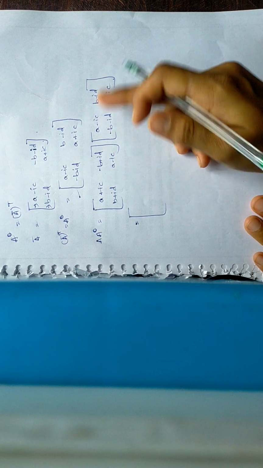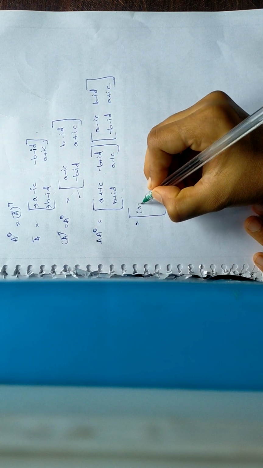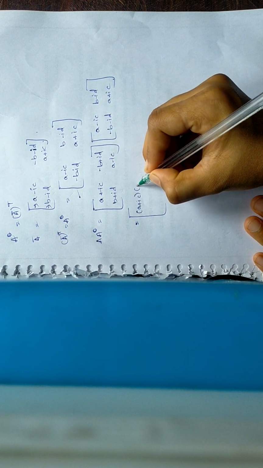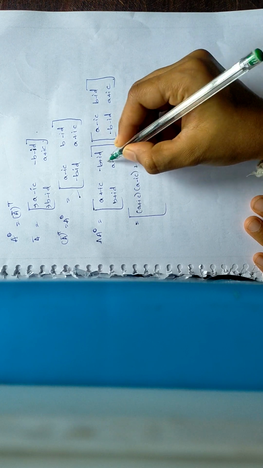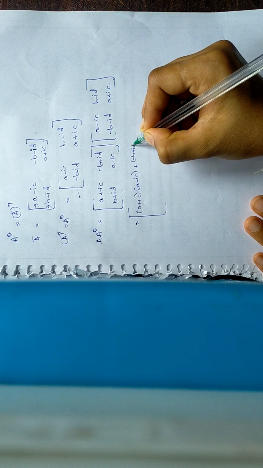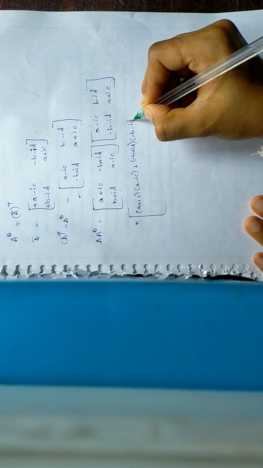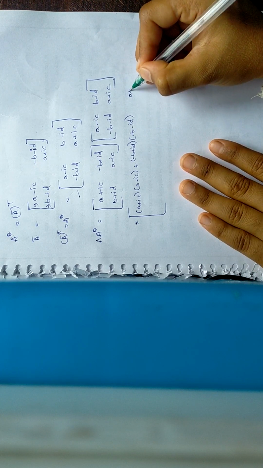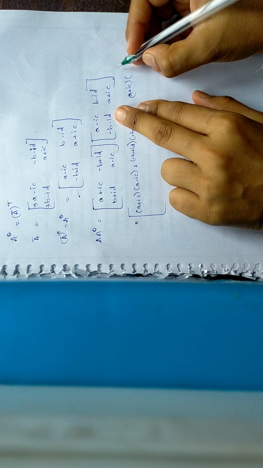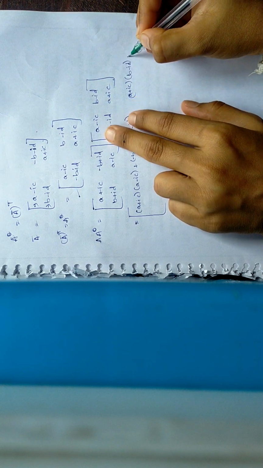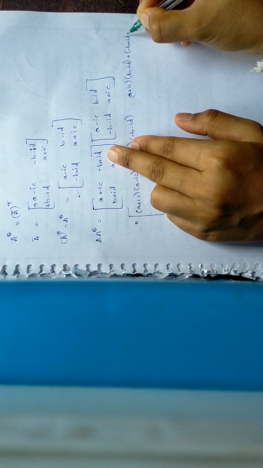You have to find the multiplication. So quickly write that: A plus iC into A minus iC plus minus B plus iD into minus B minus iD, and A plus iC into the second row B minus iD plus minus B plus iD into A plus iC.